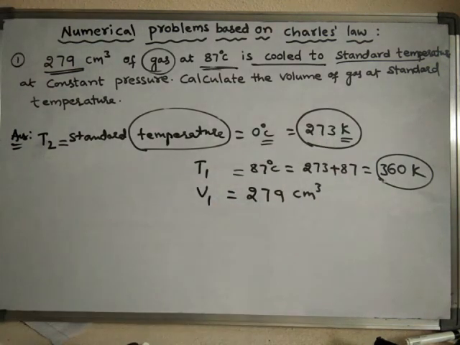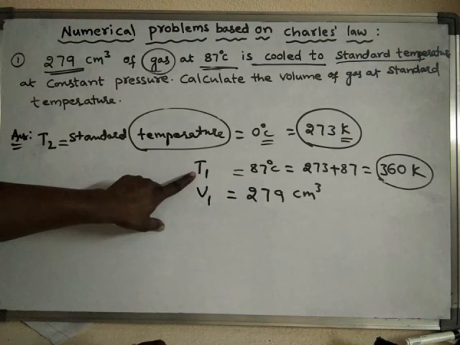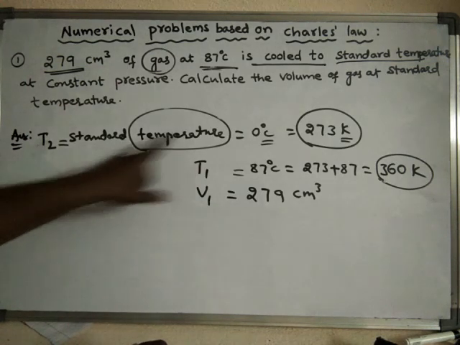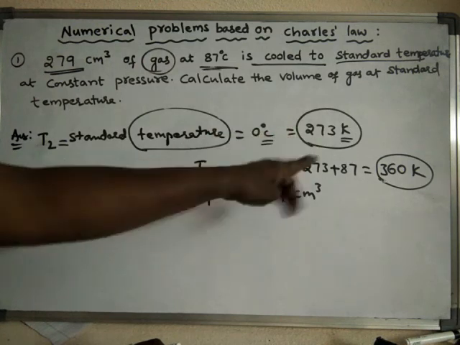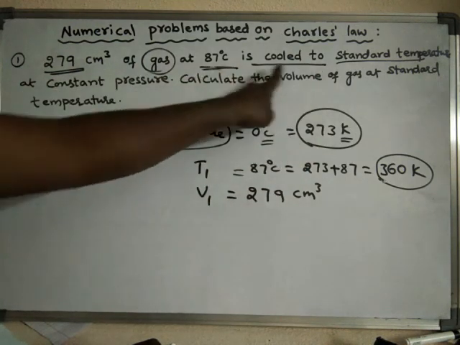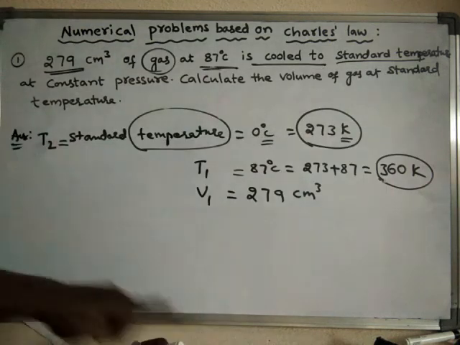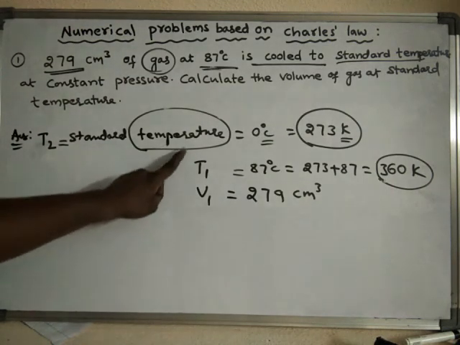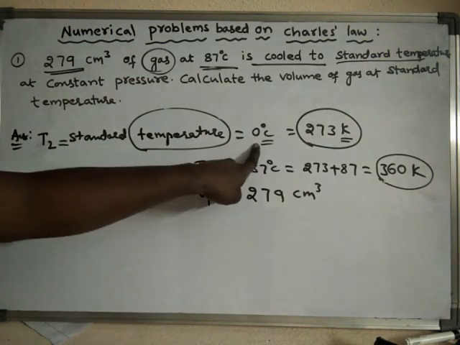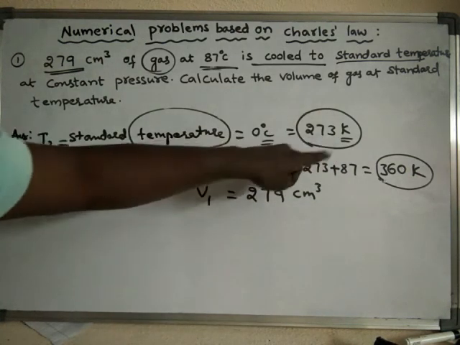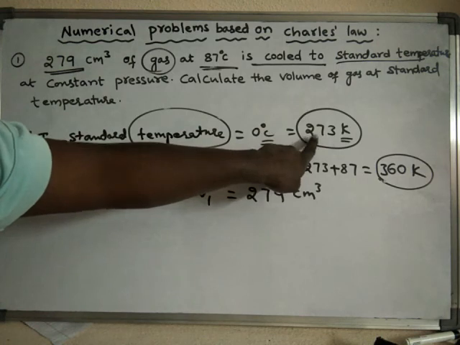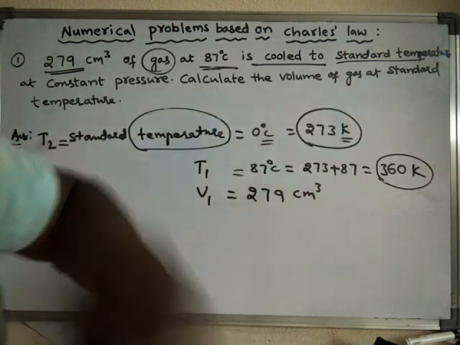So this is the final temperature, and this is the initial temperature. What is the final temperature? 273 Kelvin. How did we know this? Because in the question it is mentioned as standard temperature, and we already know that it is 0 degrees centigrade, or else 273 Kelvin. For all calculations we have to take the temperature in kelvins.